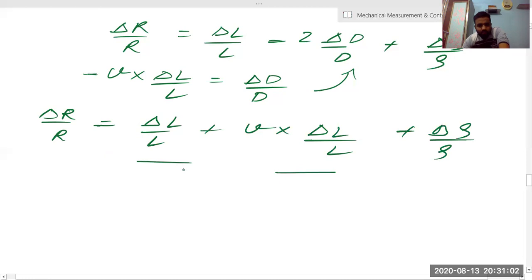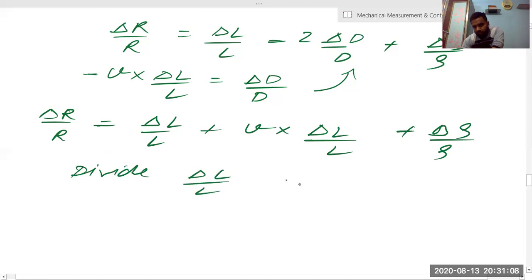Now I will divide this equation by delta L by L on both sides. I'm just trying to explain gauge factor. I have not given you the definition because I wanted you to understand the concept.